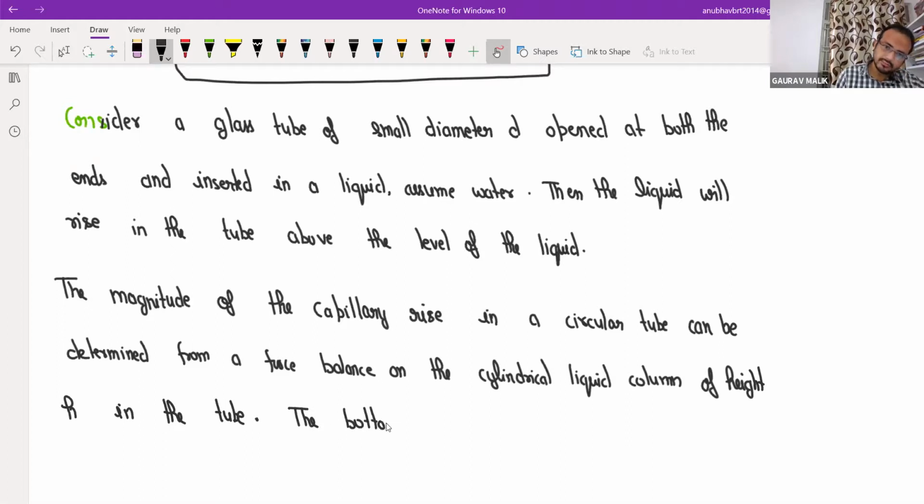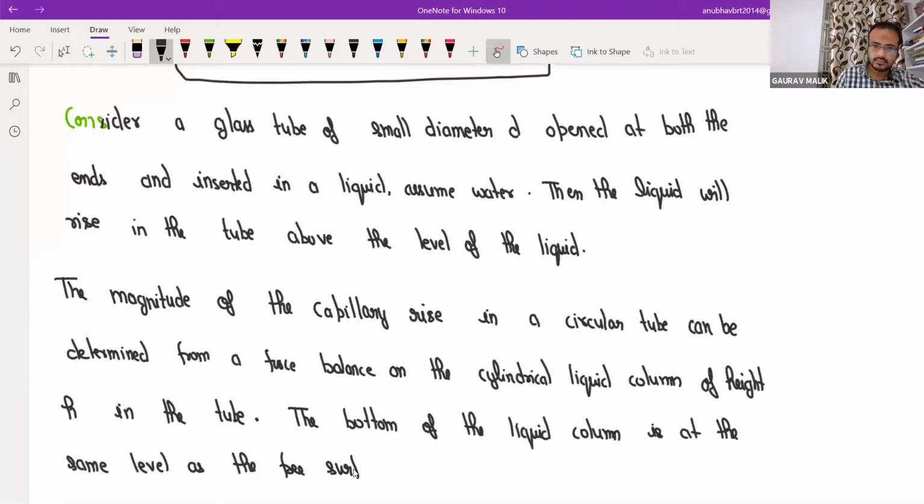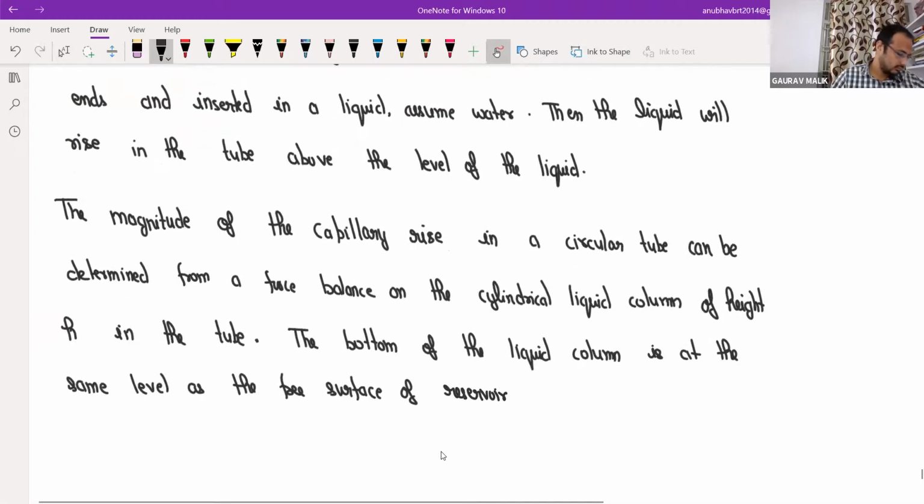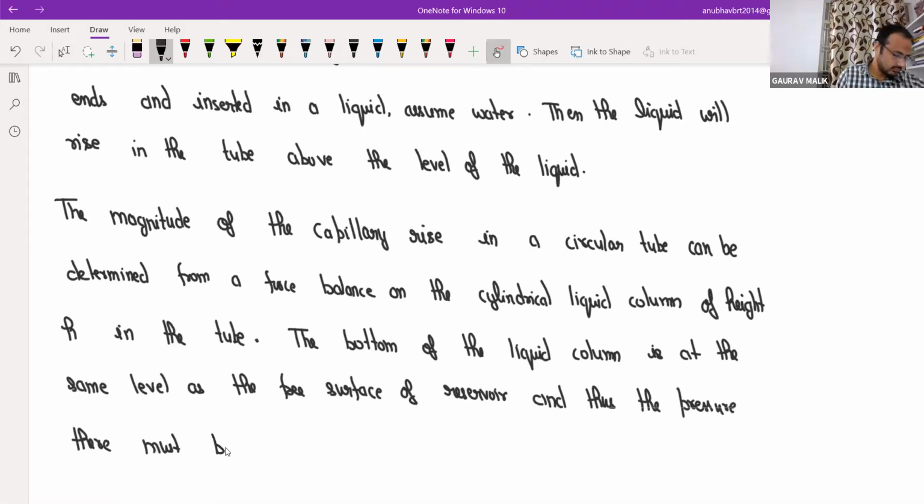and the bottom of the liquid column is at the same level as the free surface of the reservoir, and thus the pressure there must be atmospheric pressure.